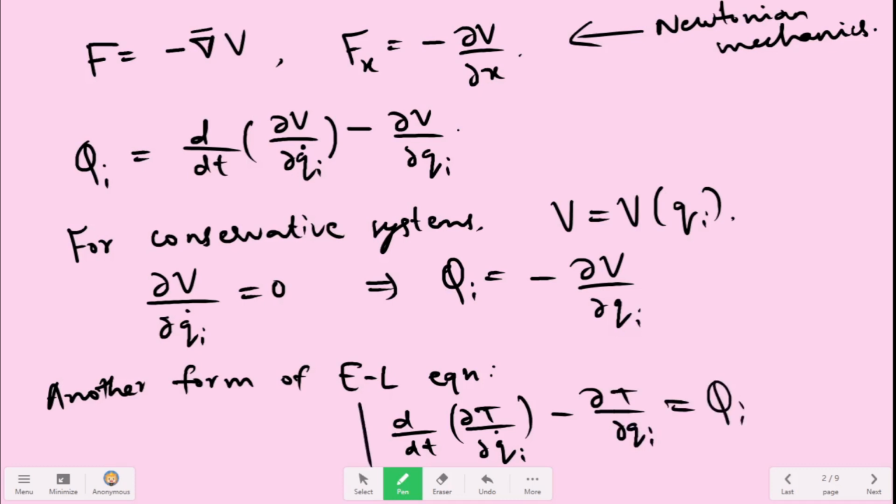This is another form of the Euler-Lagrange equation and is particularly useful when the potential is unknown. When we don't know the potential, we can use this form of the Euler-Lagrange equation to find the dynamics of the system.